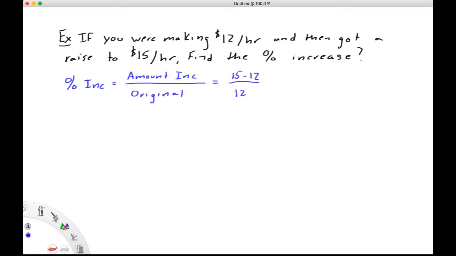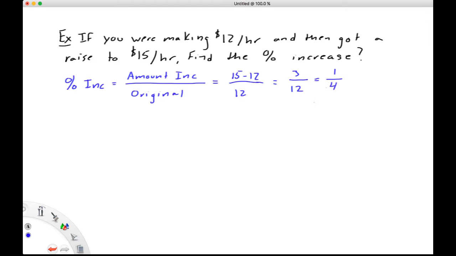So to get the amount that we increased by, we can subtract the difference there. 15 minus 12 is 3, so we have gone up $3 per hour. We started at $12 per hour, so we have 3/12.